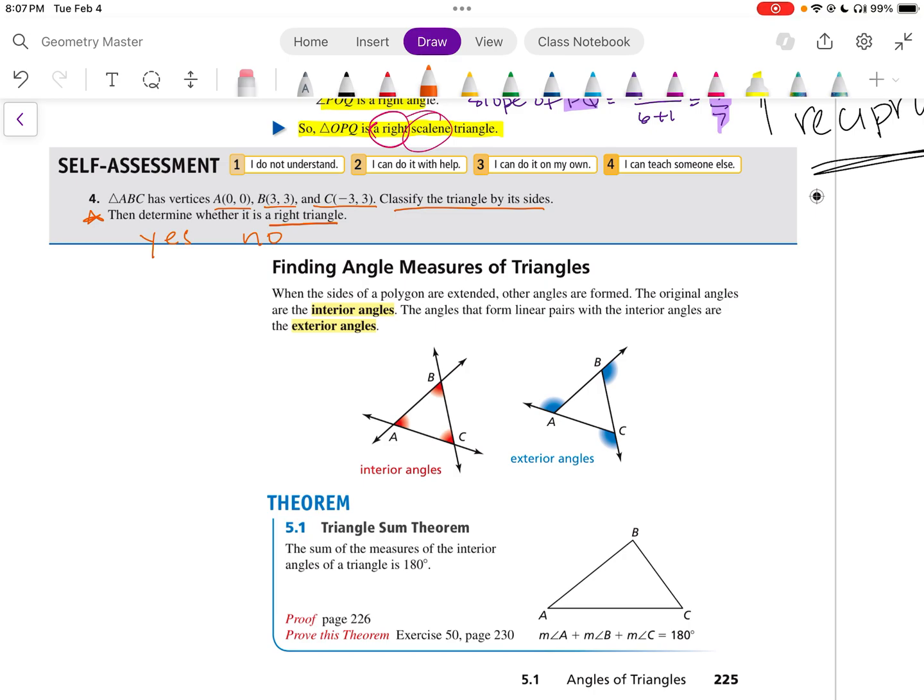All right, pause the video, find all of your distances. I'll give you the distance formula here. Distance is the square root of x sub 2 minus x sub 1 squared plus y sub 2 minus y sub 1 squared. Okay, pause the video here and find the distance of all 3 lines.